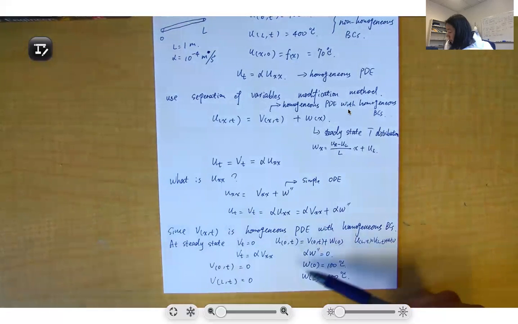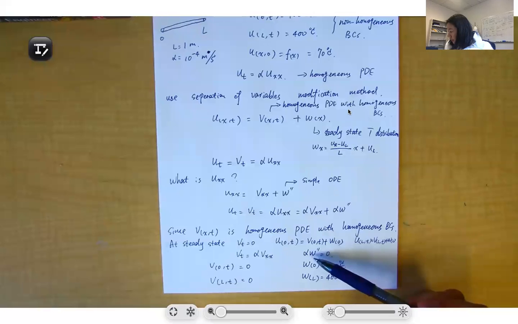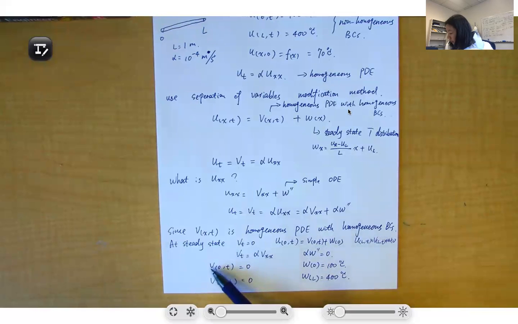Then because W is a steady state temperature, it satisfies alpha W double prime equals 0, W(0) equals 100, W(L) equals 400. Then the leftover part: V(0,t) equals 0, V(L,t) equals 0, and Vt equals alpha Vxx.